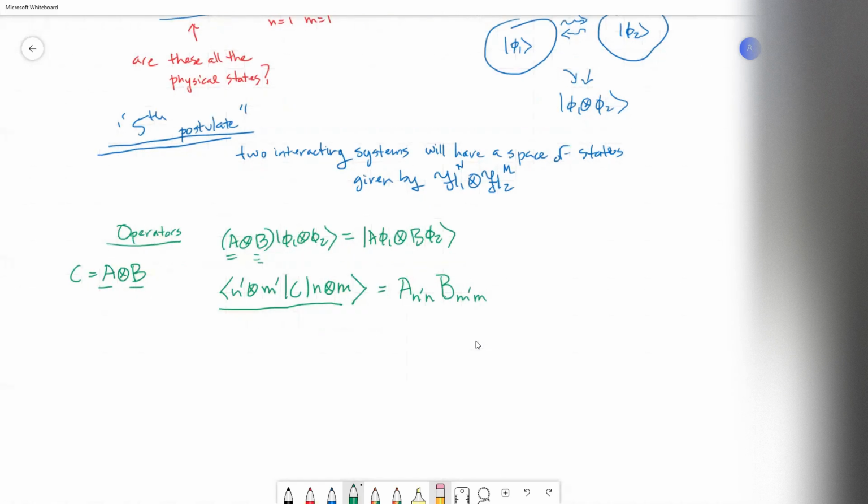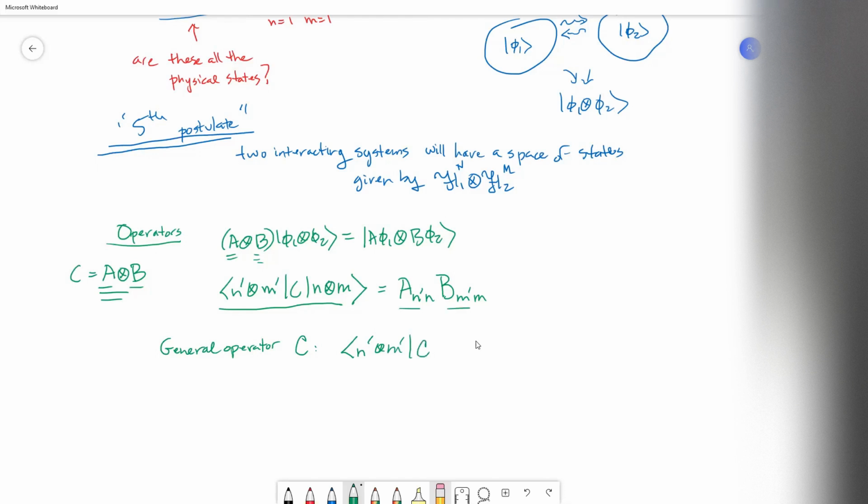In that case, a general operator that cannot be written like this would have matrix elements that don't factorize into a product of individual matrix elements.